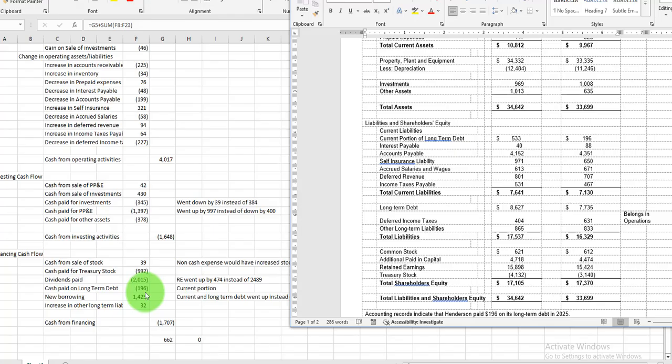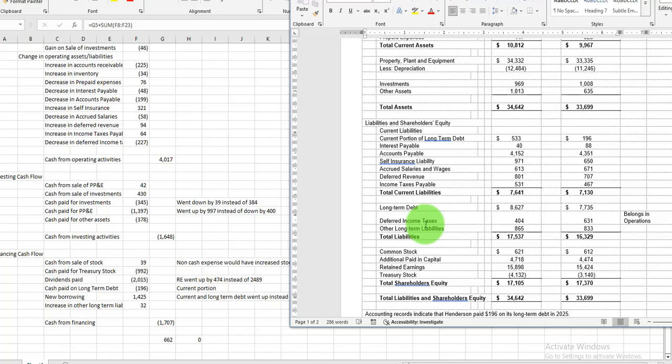If we didn't borrow any more, we would expect our total debt to go down by 196. But when we add the long-term debt and the current portion together and compare them, it doesn't go down by 196.